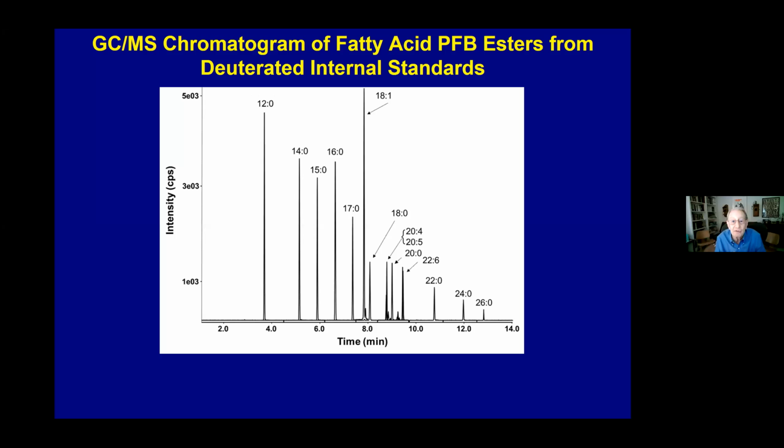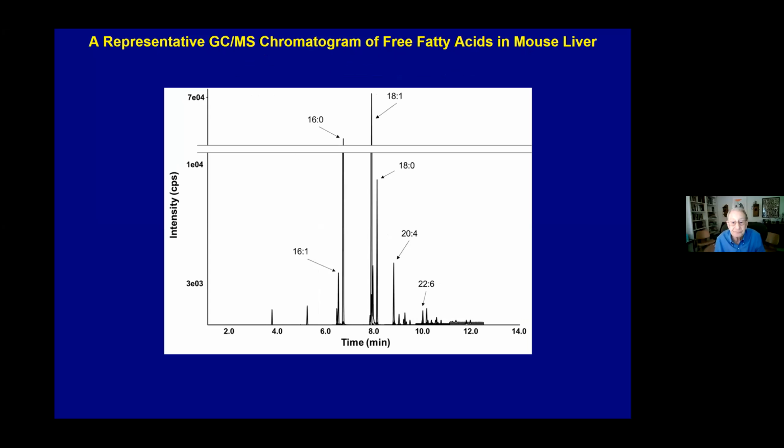This just shows you the deuterated internal standards are nicely spread out in a 15-minute GC mass spec run, and those give us our quantification. This is just a typical sample from mouse liver looking at the free fatty acids and quantified against the internal deuterated standards.